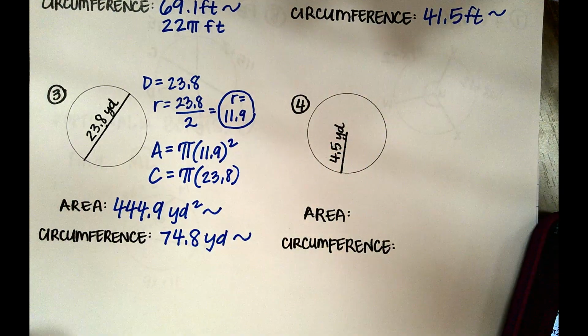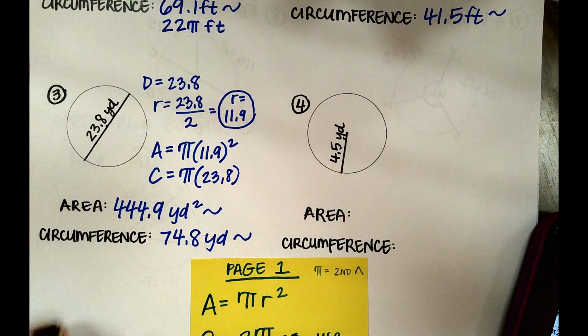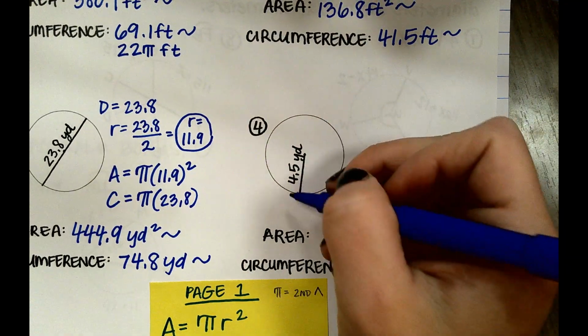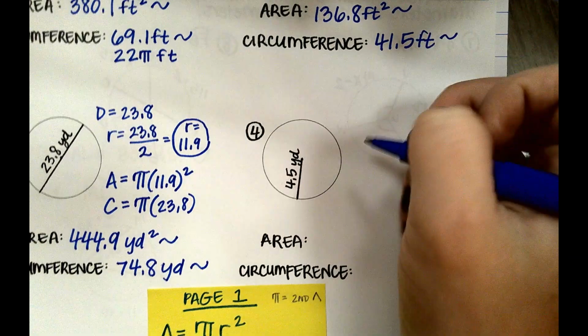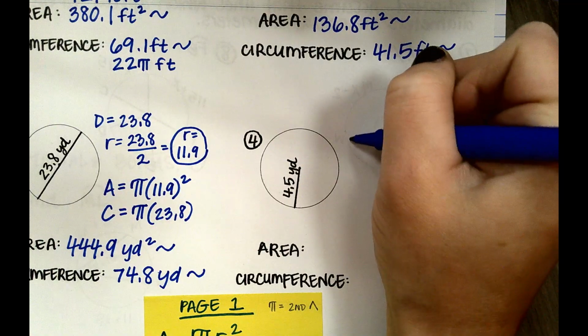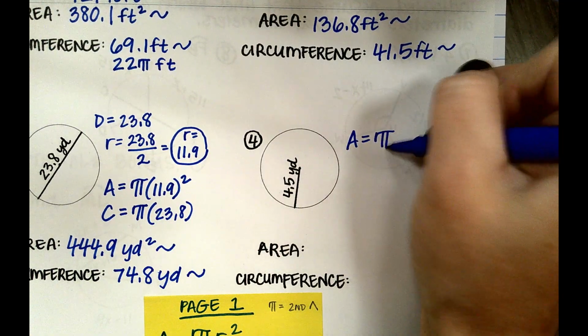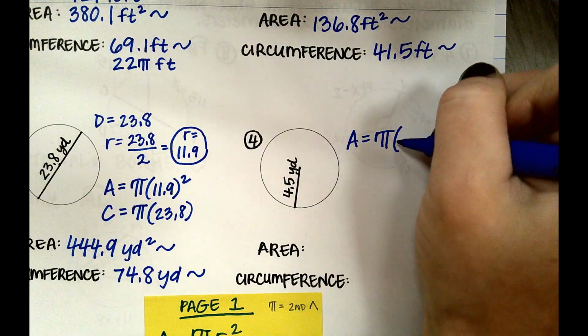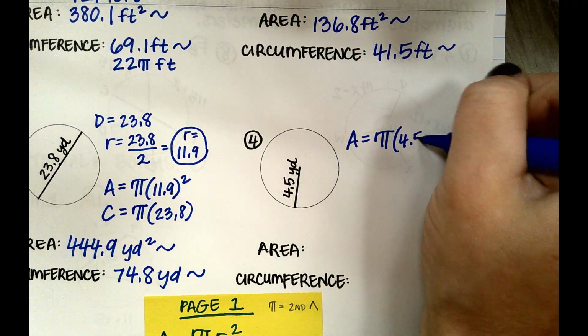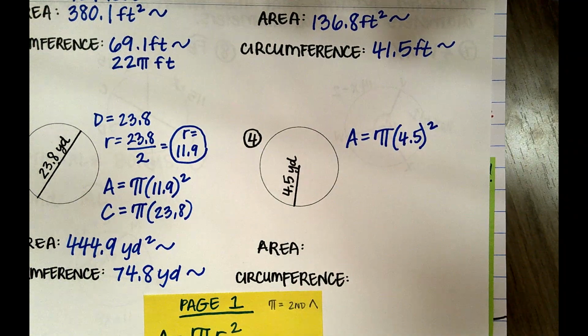Okay, and then last one, number 4. I have a radius this time. So we will use the area pi times radius 4.5 squared.